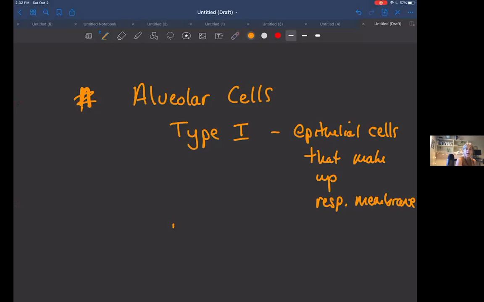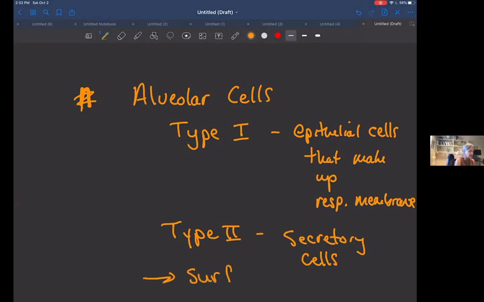Okay. Type 2. These are secretory cells, so gas exchange doesn't occur across them. They're actually bigger, right? And they secrete a substance called surfactant. What surfactant does is it's kind of like a detergent, I guess.